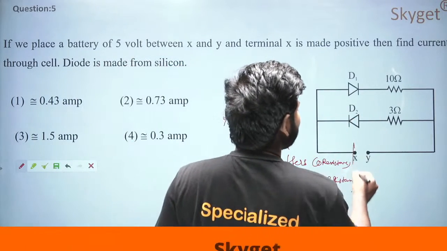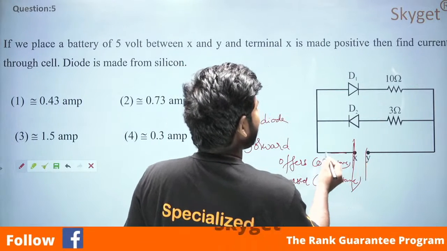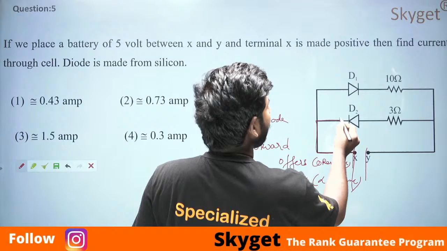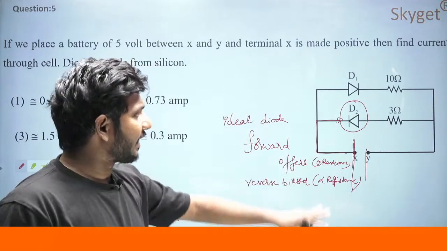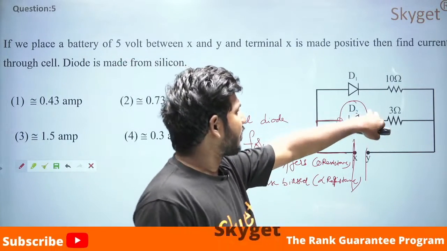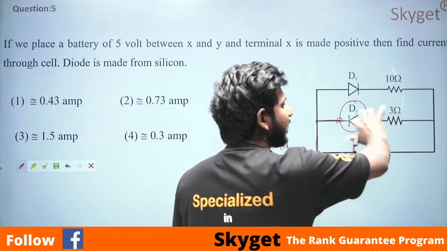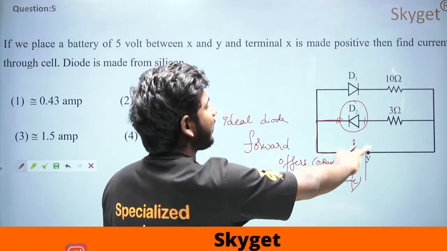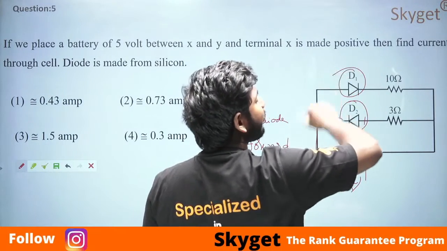Suppose X is taken as positive and Y is negative, now D2 offers infinite resistance and current will not flow through D2, so we can consider it an open circuit with no connection, and solve the problem. Then the answer will be, and in an ideal diode D1 will offer zero resistance.